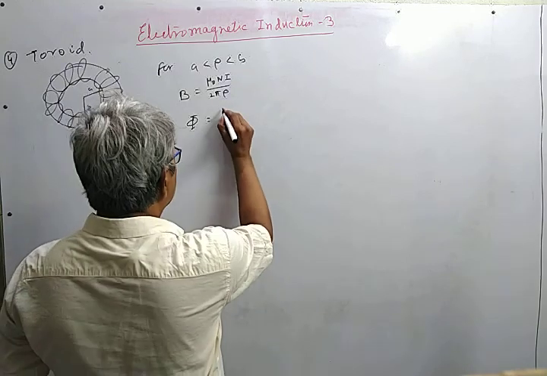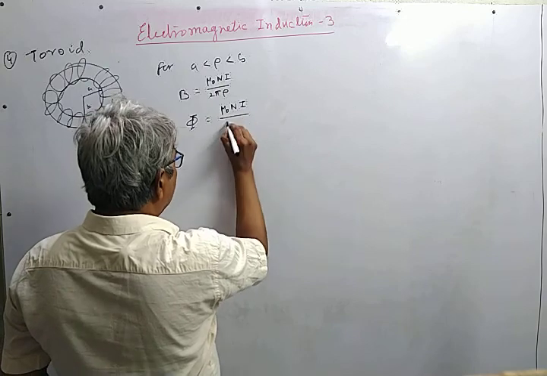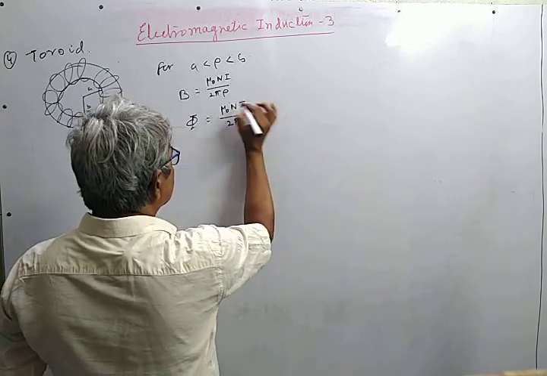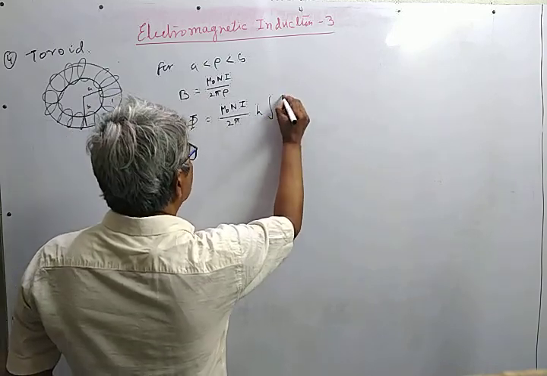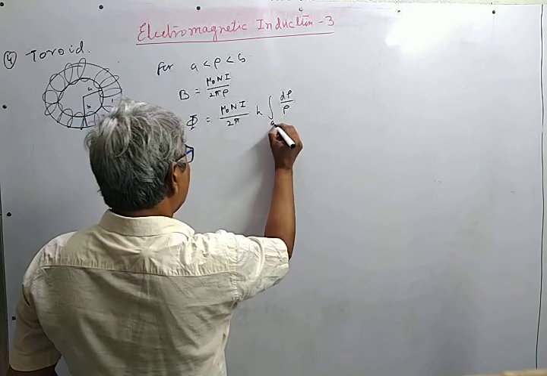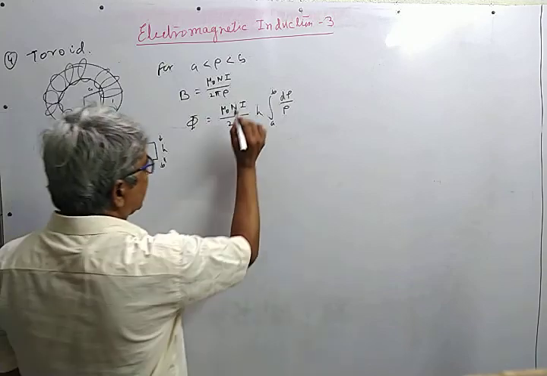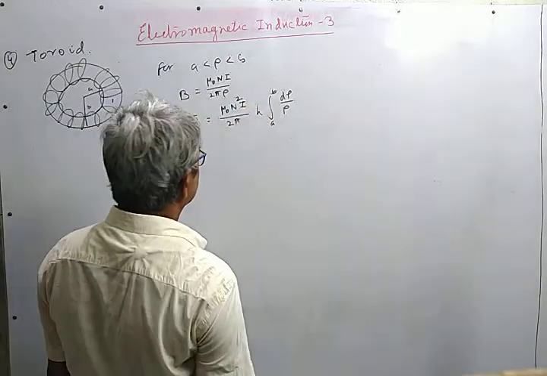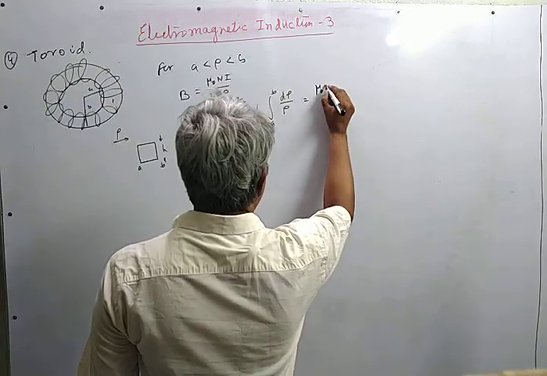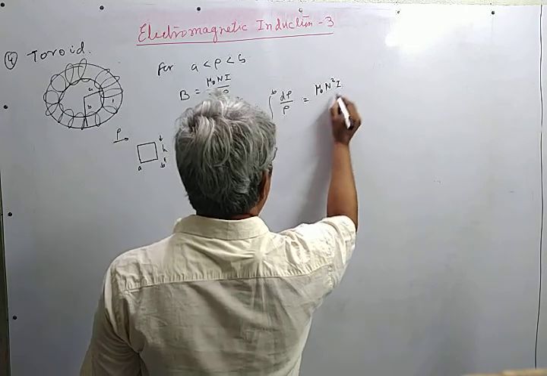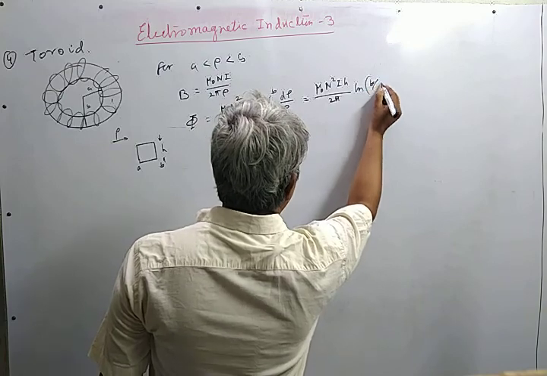So we get mu 0 n I upon 2 pi, h coming from the height, and then d rho by rho from A to B, and this is the flux linked with each turn. As there are N such turns, we get mu 0 N squared I h upon 2 pi log of B by A.